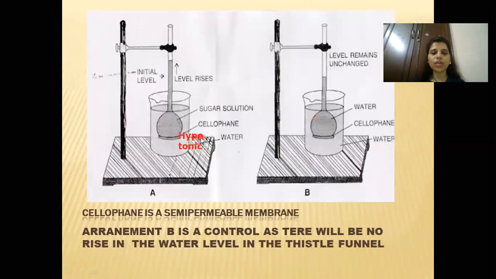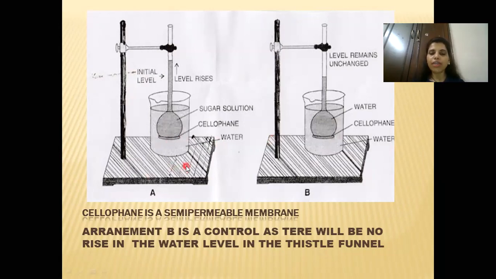You can see over here there are two arrangements shown, arrangement A and arrangement B. Here we have taken cellophane. Like parchment paper, cellophane is also a semi-permeable membrane.